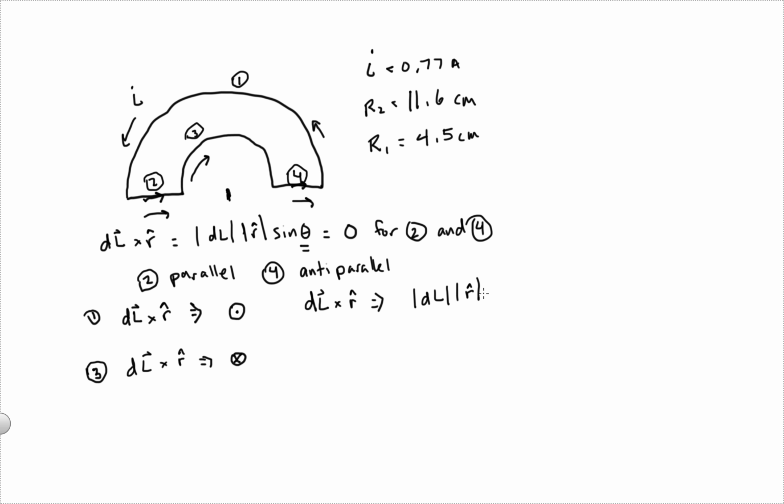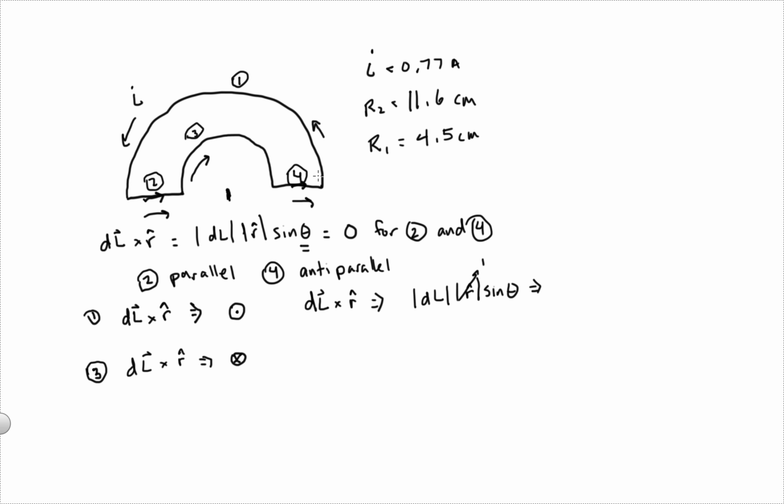And then we have an angle between those two, sine of theta, that changes as we move around the term there. Now this is going to end up being the magnitude of dL, right? So this term goes to 1.